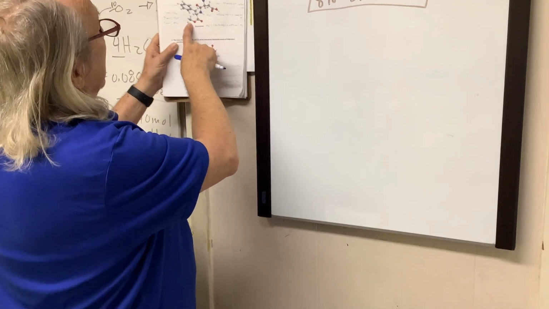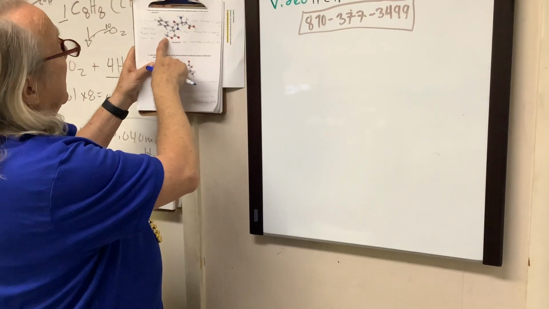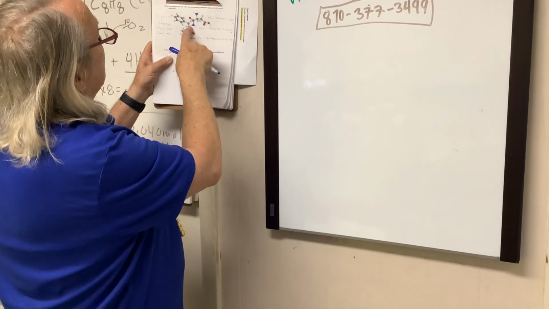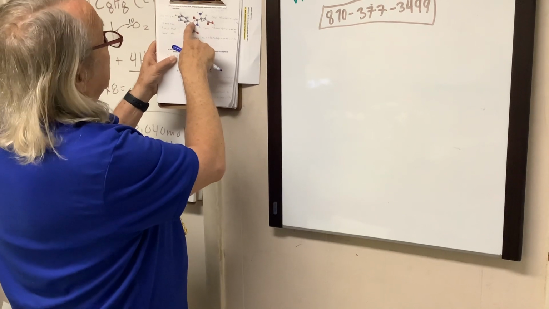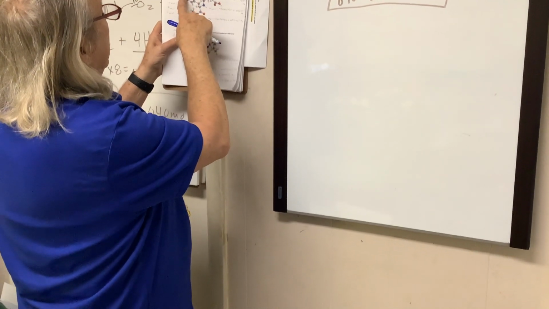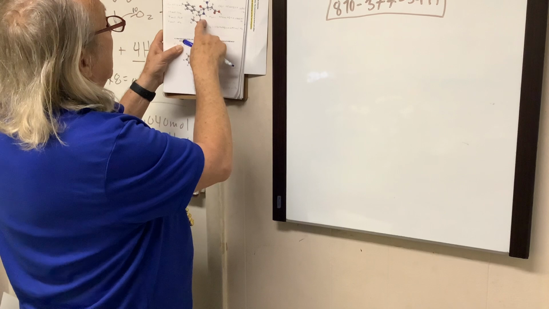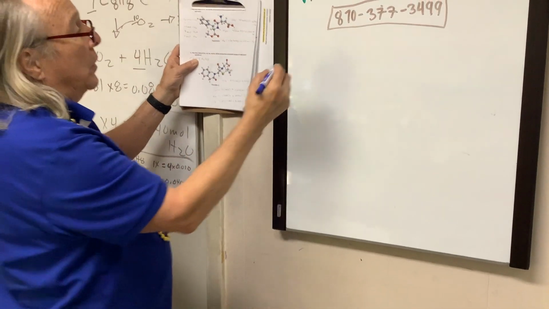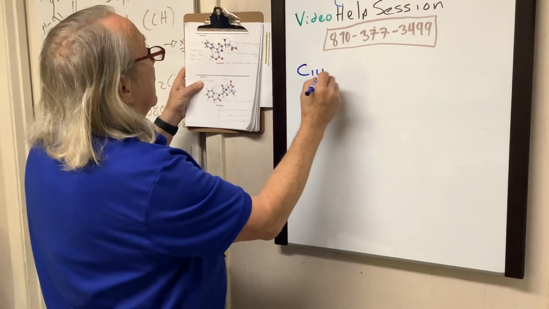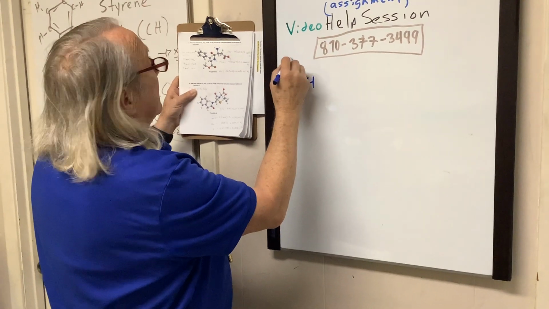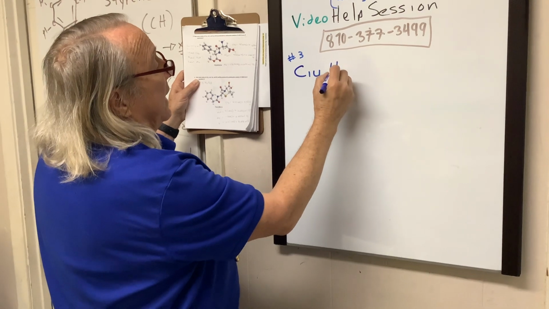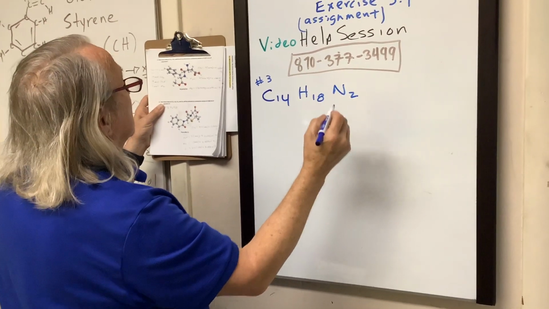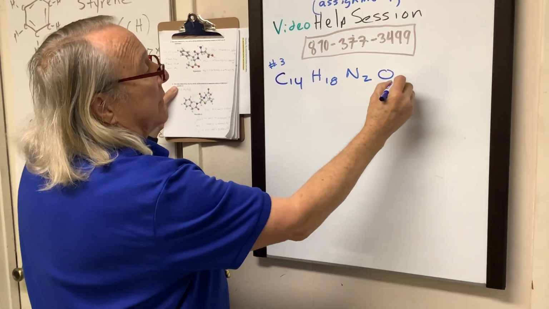Anyway, if you count them, and I did, 1, 2, 3, 4, I had to count it 3 times, 5, 6, 7, 8, 9, 10, 11, 12, 13, 14 carbons. It's got 18 hydrogens. If you look closely, you'll see 2 nitrogens and 5 oxygens.